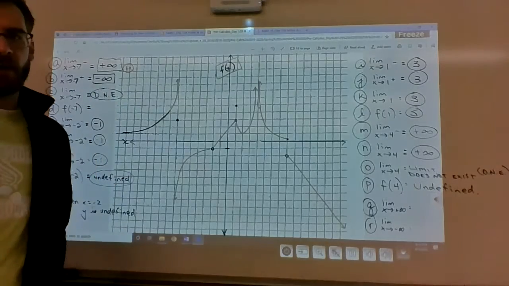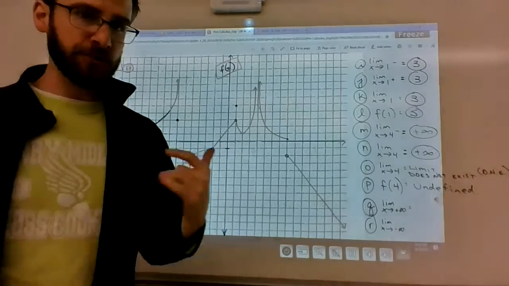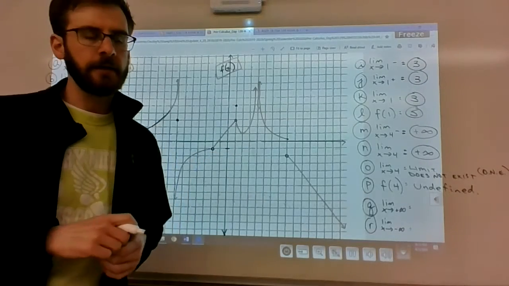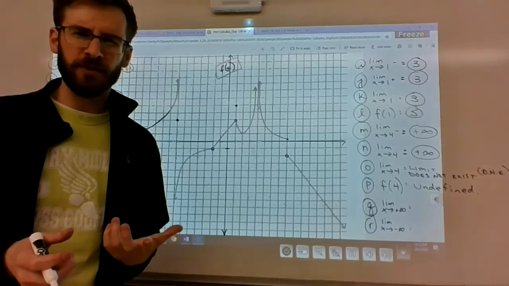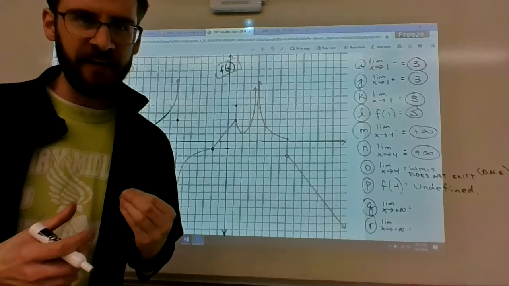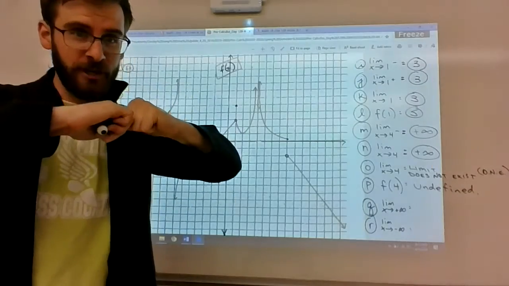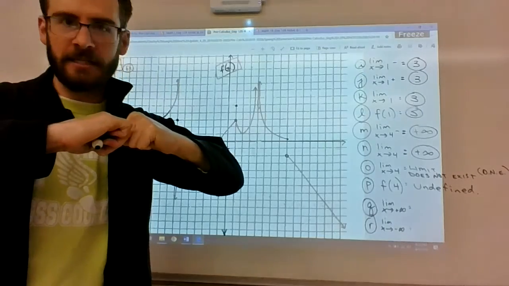A good rule to go by is that limits just don't exist when you have infinite left-right limits. I know some textbooks try to justify that the limit at a certain spot is infinity, but I'm going to stick with the definition that if they don't converge to a specific point, then that limit does not exist.